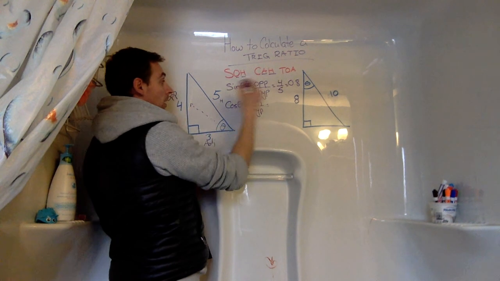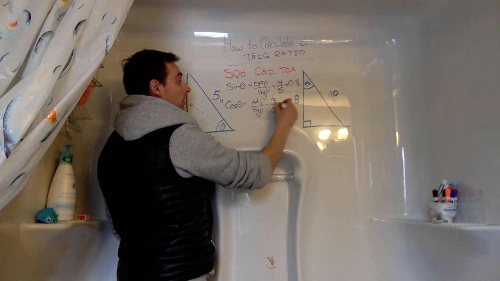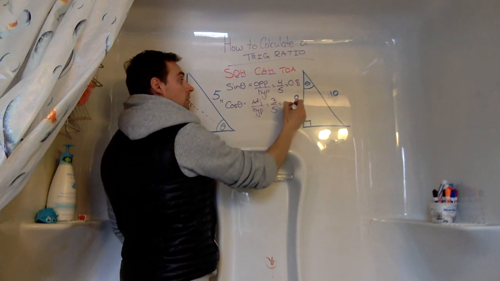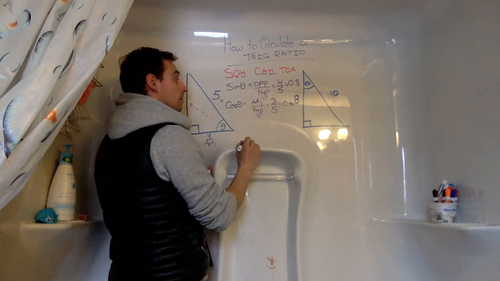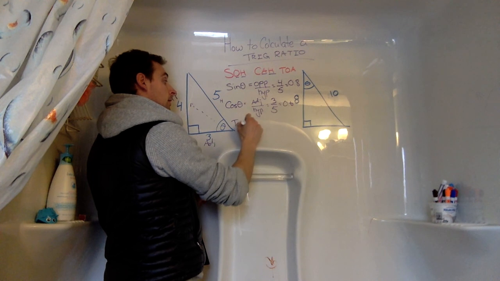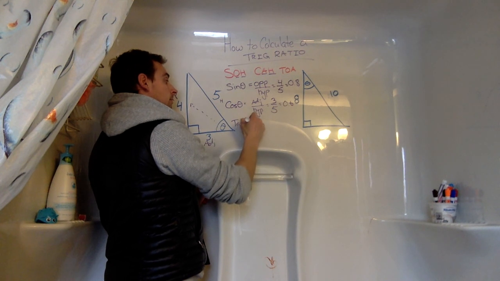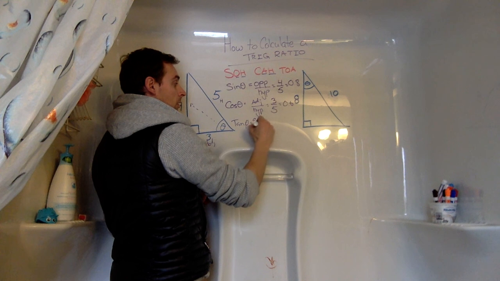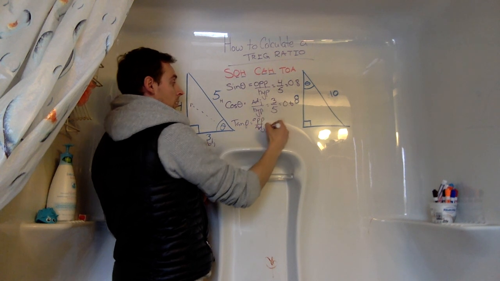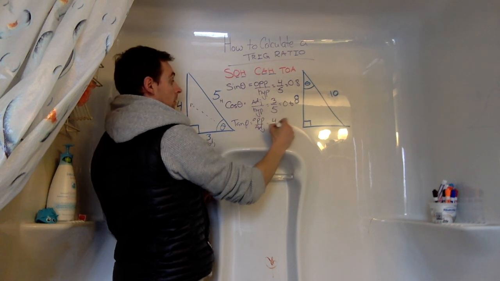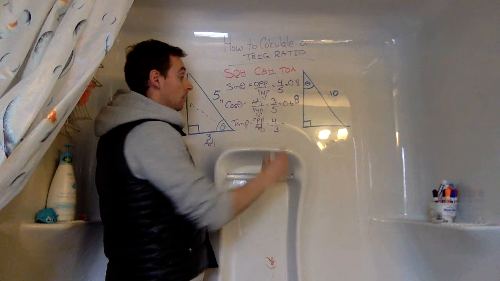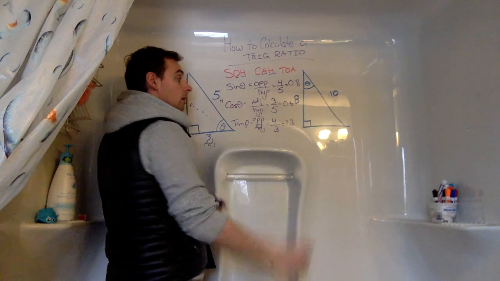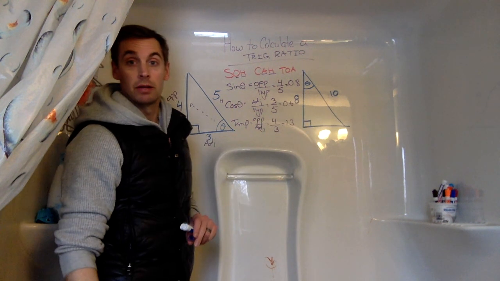I have my adjacent value, my hypotenuse value, and I get a value of 0.6. Tan is opposite over adjacent, 4 over 3, and we end up with 1.3 repeated as our ratio values.